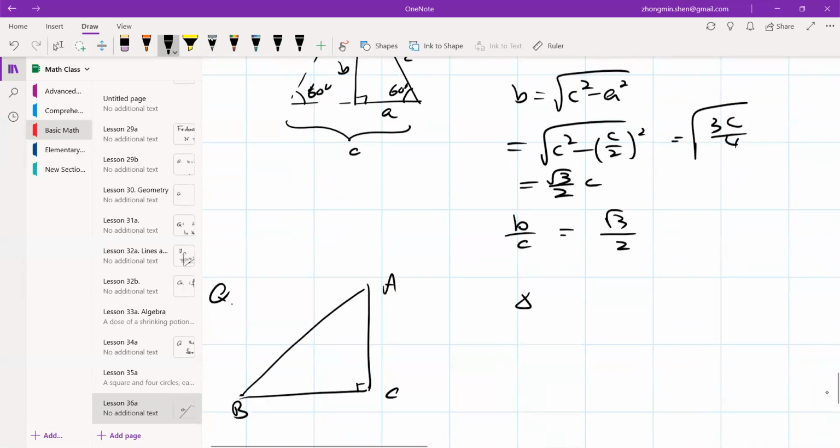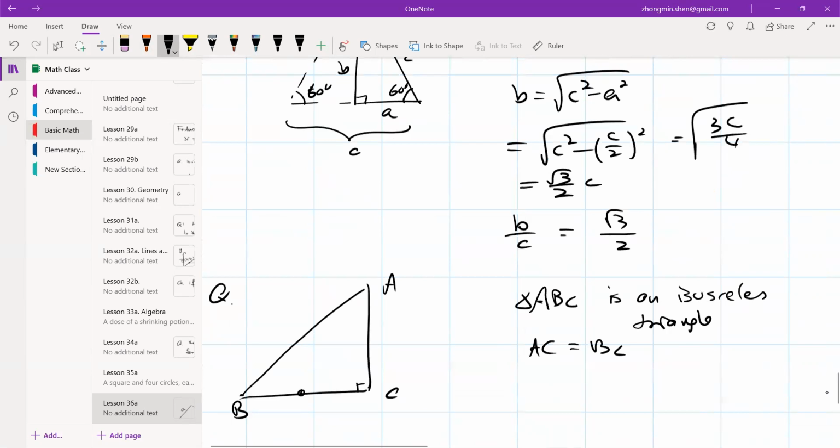The triangle ABC is an isosceles triangle. So AC equals BC, in other words, right?